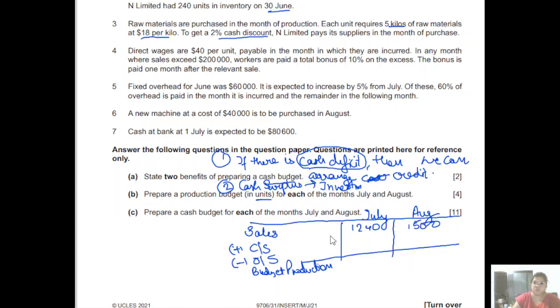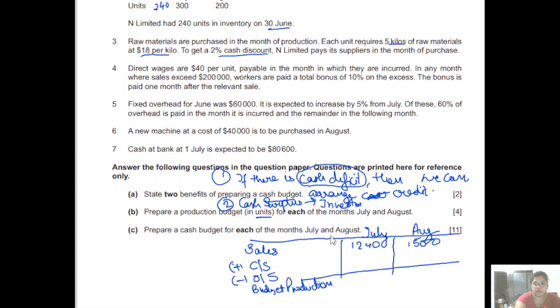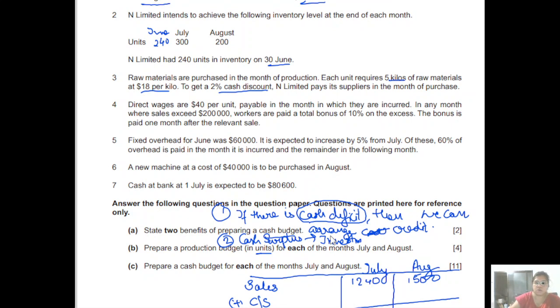And what about the closing stock? Closing stock is already given to you in part B, so you don't need to find it out. Here it is given. In the month of June, their closing stock is 240. In the month of July, 300 is the closing stock, and 200 is the closing stock for the month of August.